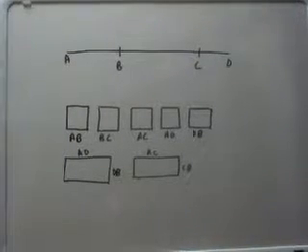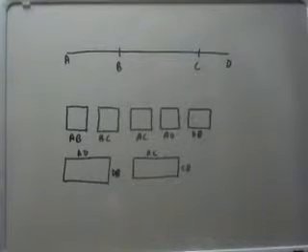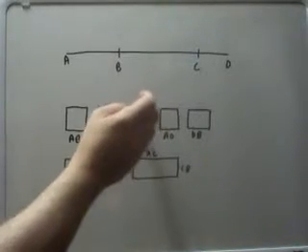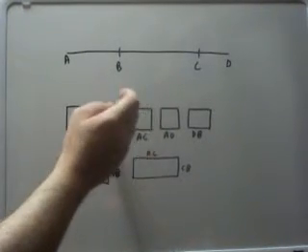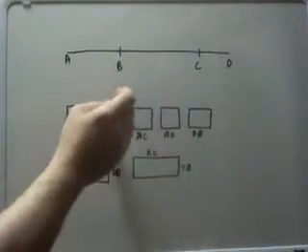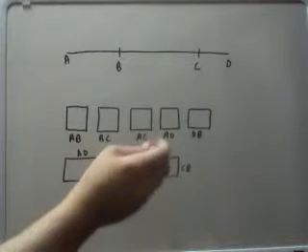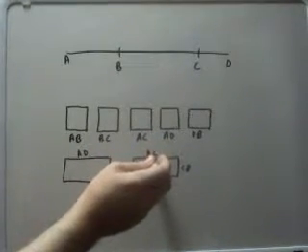Okay. What we're going to do is take AC and BC, and add them together, and that sum is going to be greater than twice the area of this.